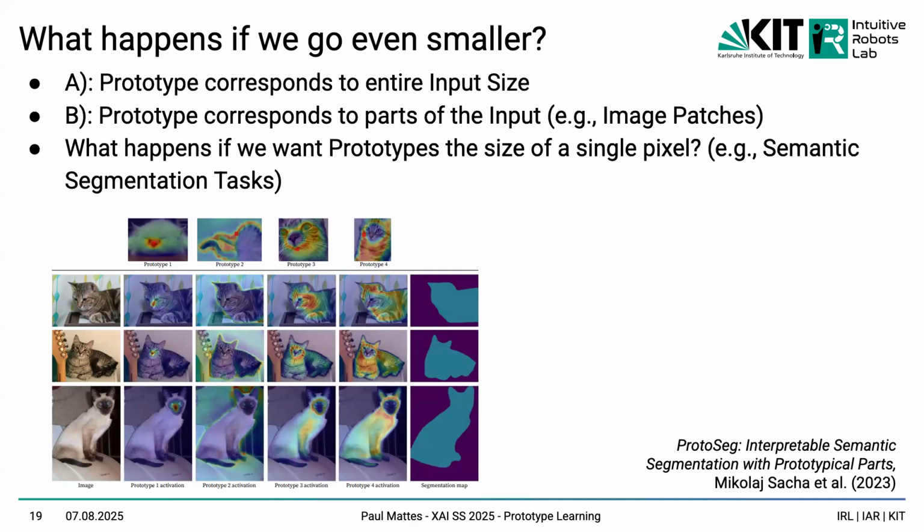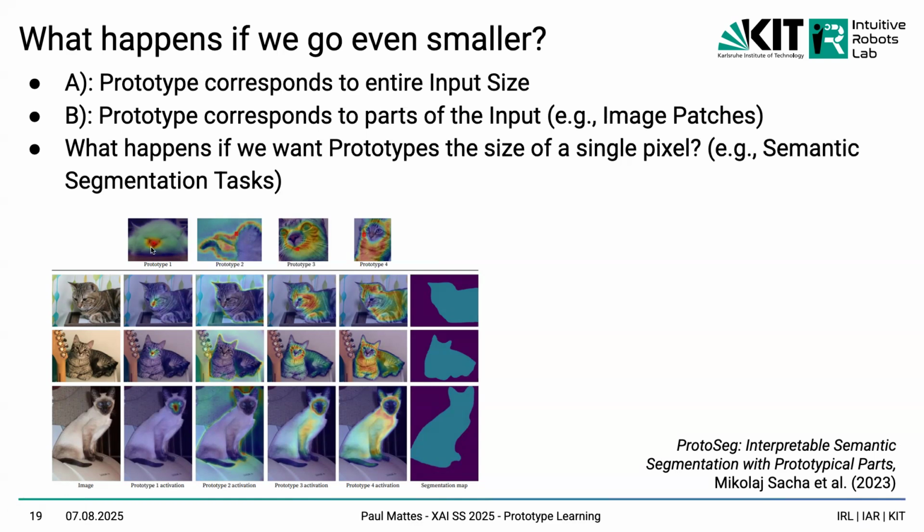And this was done in the ProtoSeg paper from 2023, where they actually showed that if we input the cat, we can have different activations of the different prototypes. Prototype 1 activation seems to be focusing on the nose, maybe a little bit on the ears. I think maybe that's actually the nearest training sample.